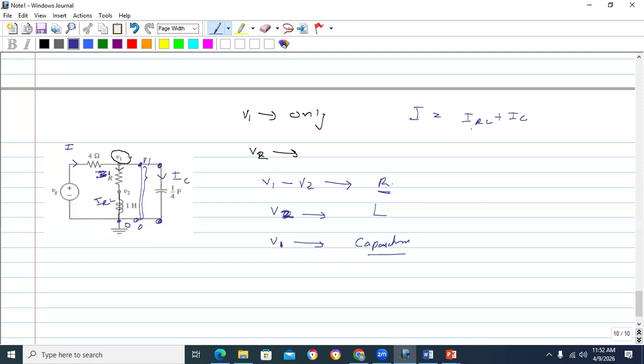Tell me, are these currents constant? No, these currents are not constant. All these currents are functions of time, varying with respect to time.